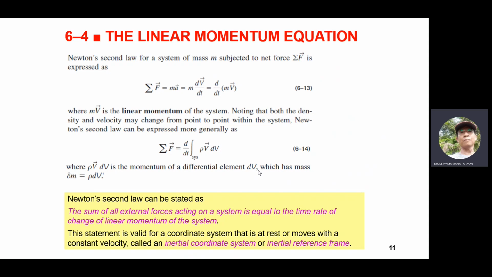Newton's second law can be stated as: the sum of all external forces acting on a system is equal to the time rate of change of linear momentum of the system. This statement is valid for a coordinate system that is at rest or moves with a constant velocity. We call it an inertial coordinate system or inertial reference frame.